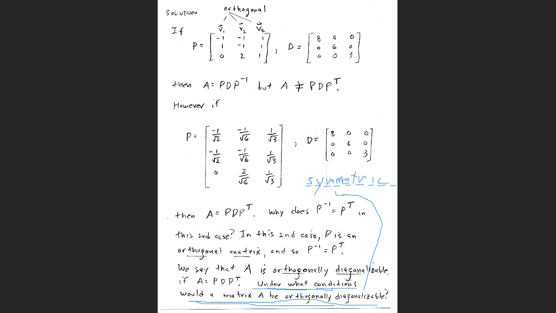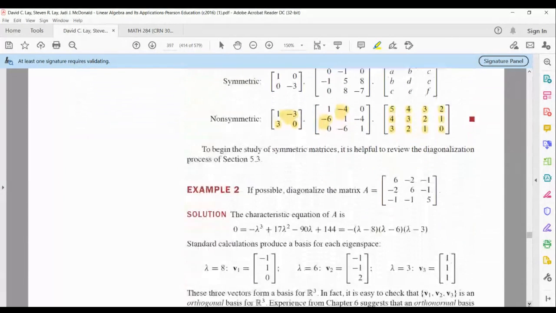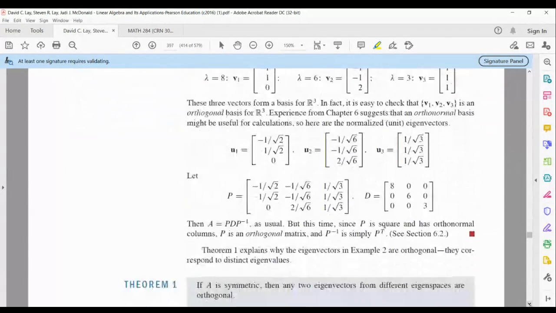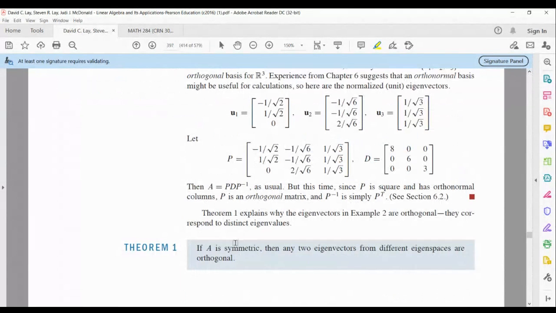Let's take a look at the book here. This theorem 1 says that any two eigenvectors from different eigenspaces are going to be orthogonal.